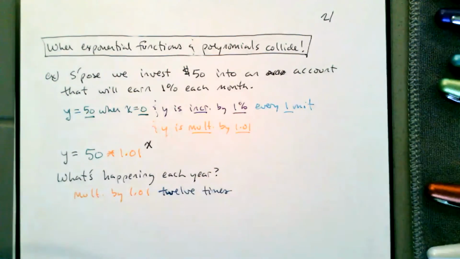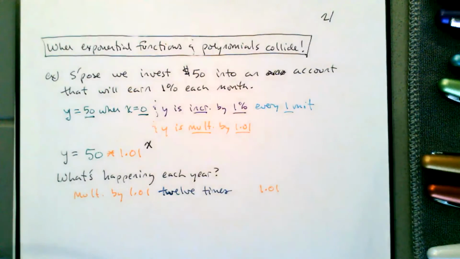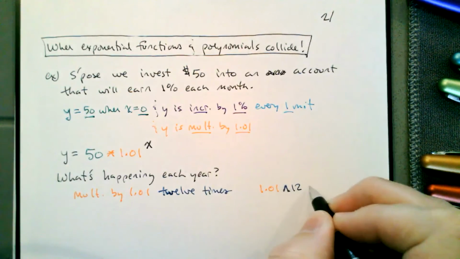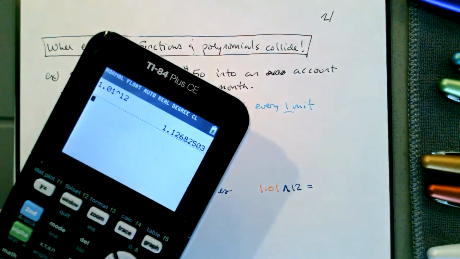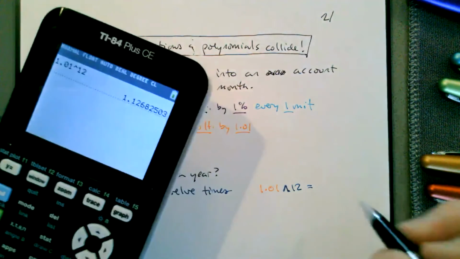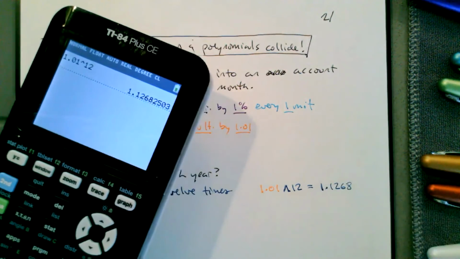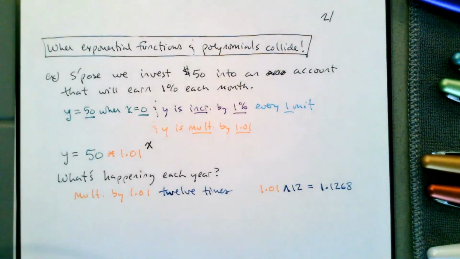We know that repeated multiplication is exponents. So I'll take 1.01 and raise that to the 12th power. 1.01 to the 12th power is 1.1268. And we can turn that into a percent by subtracting off the 100. So that's increasing by 12.68% every year.